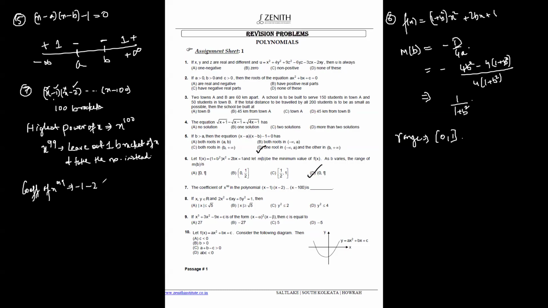Going on in this way, minus 3 up till minus 100. So this would effectively end up becoming sum of first 100 natural numbers, which is 5050. The value is easily remembered. So the coefficient of x power 99 would be minus of 5050.